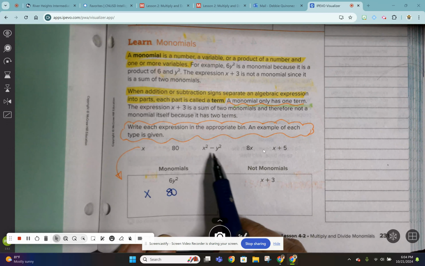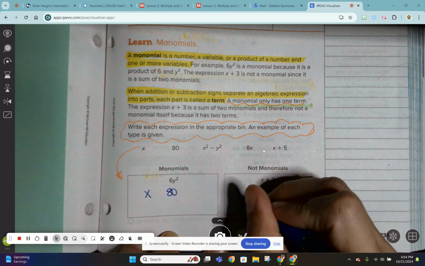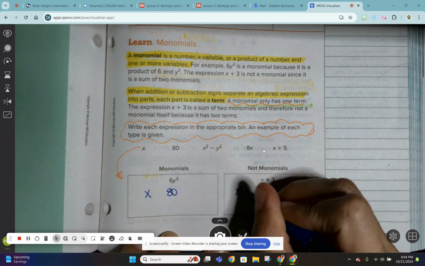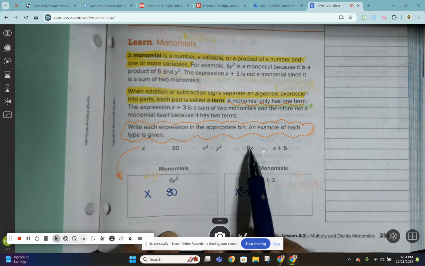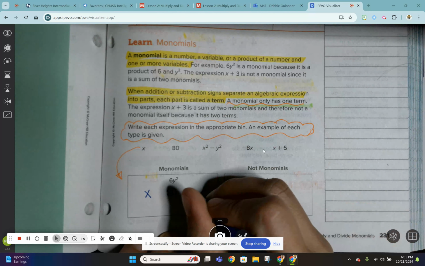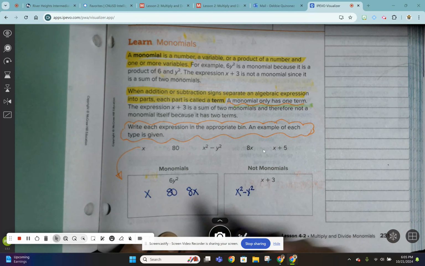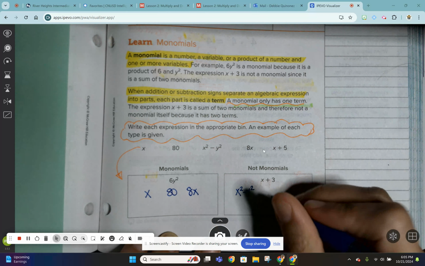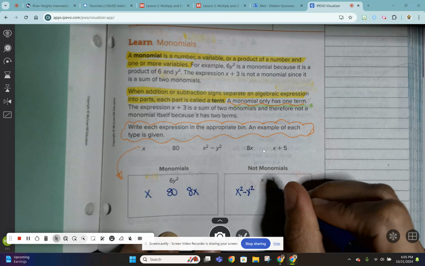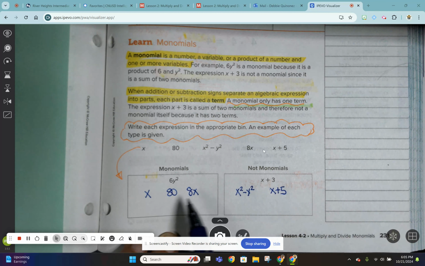X squared minus y squared, definitely not just one term, so we can put that one here as not a monomial because it had two terms. 8x, even though it has two different pieces to it, is still a monomial because it only has that one part together, right? X times the 8. And then x plus 5 is not a monomial, okay? So one term versus more than one term.